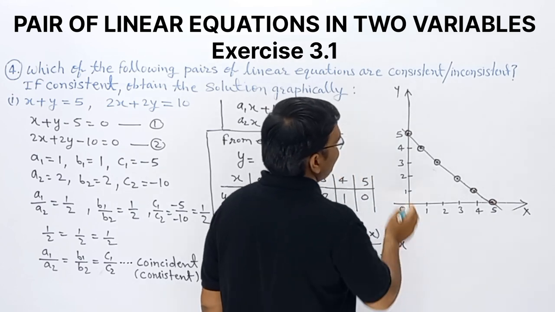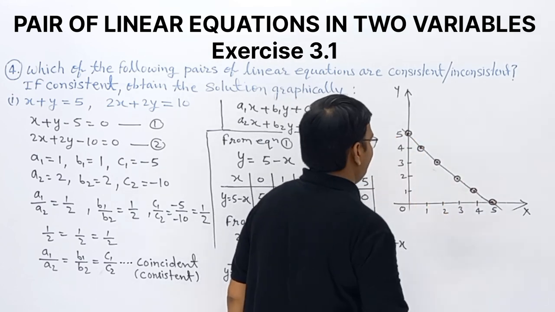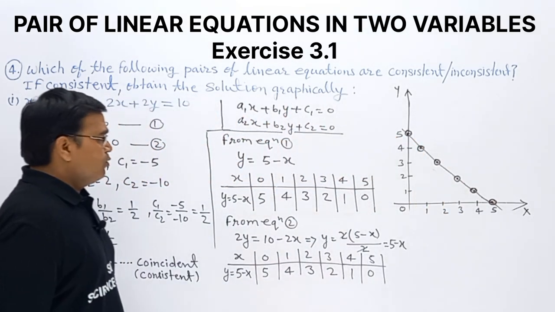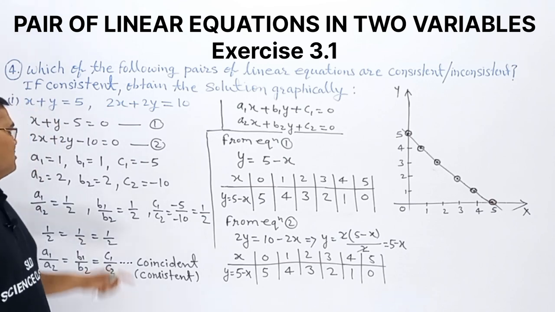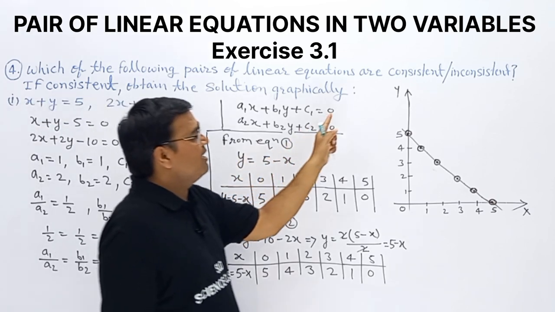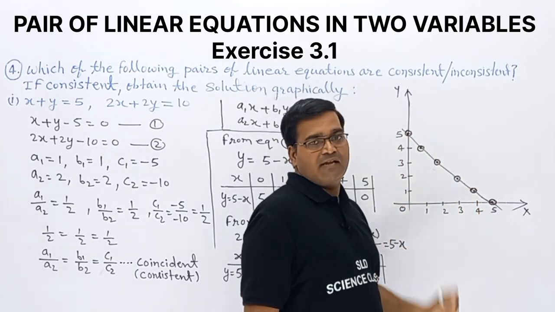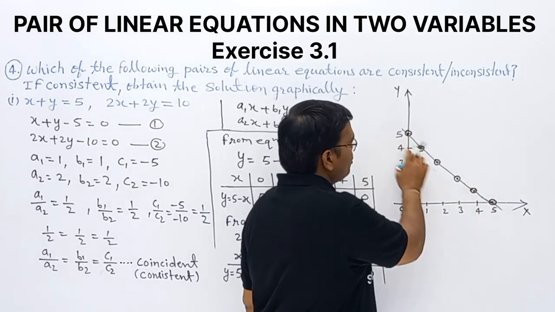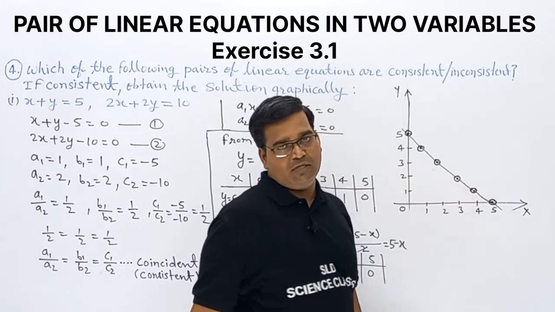Clear? So again we are getting the same line. So what can we say? Both lines, this equation and these equations, are linear equations, and both are coincident. Both lines are coincident to each other.